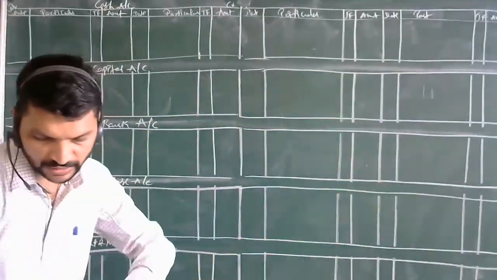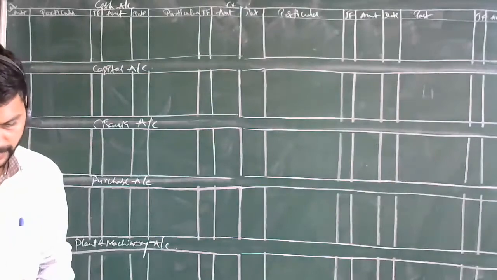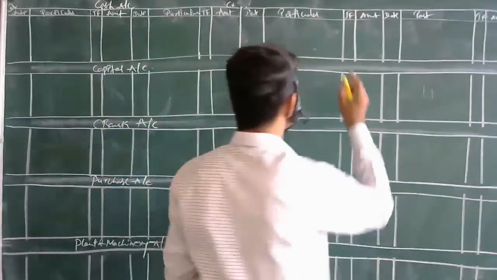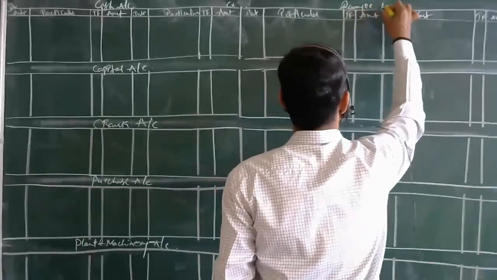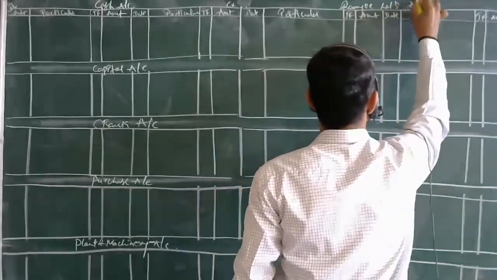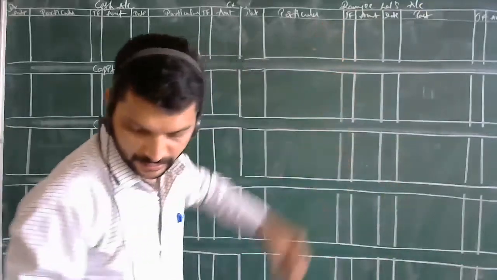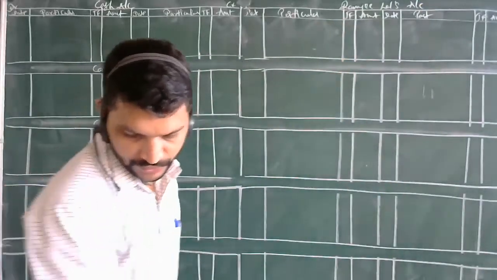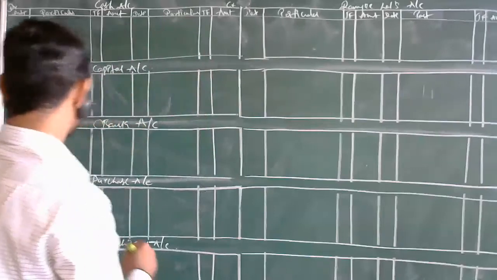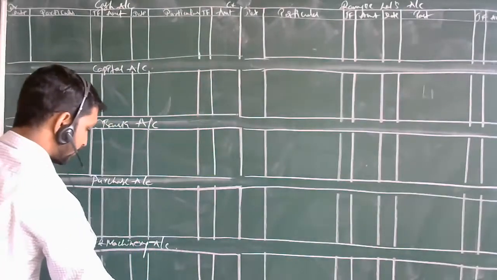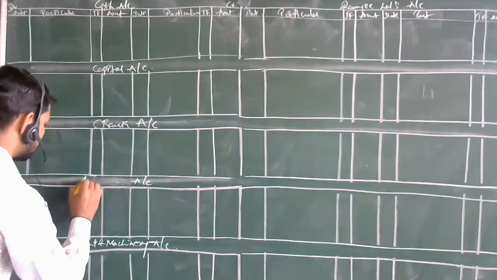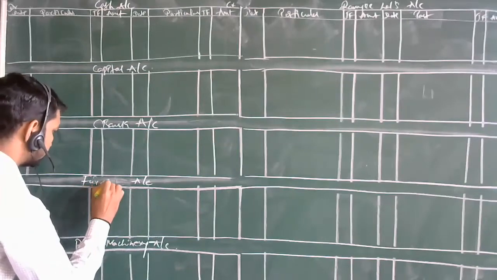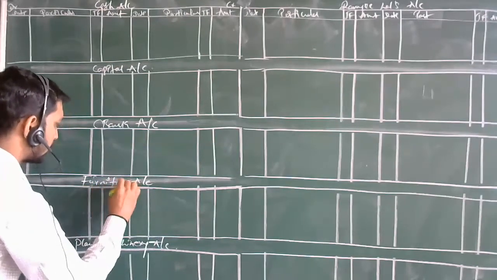Now, which are the accounts remaining over here? After plant and machinery, Ramjilal account, it will be opened there. Then next one will be purchase. Sorry, this was furniture account. Furniture we have taken first. Furniture account over here.